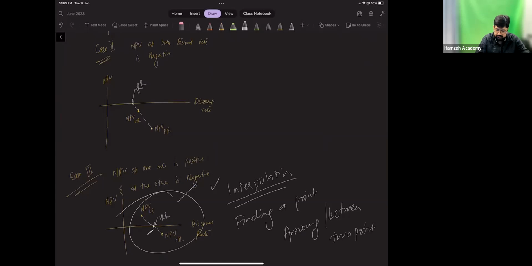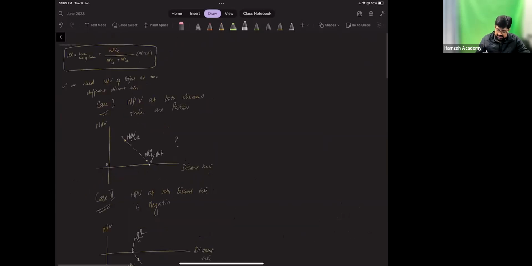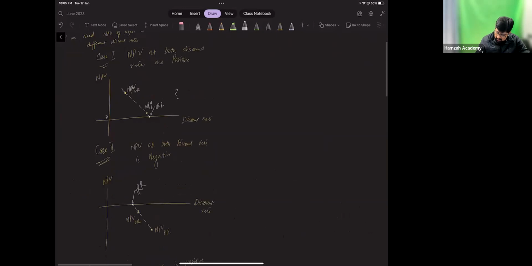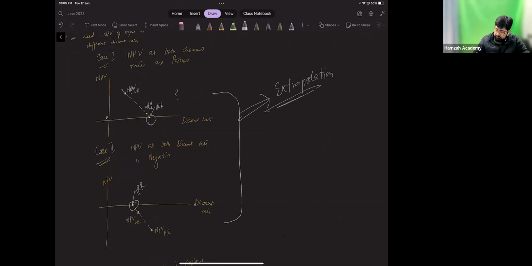Now, next. In cases 1 and 2, we have found a point beyond 2 points. This is called extrapolation. Finding a point beyond 2 points is called extrapolation.